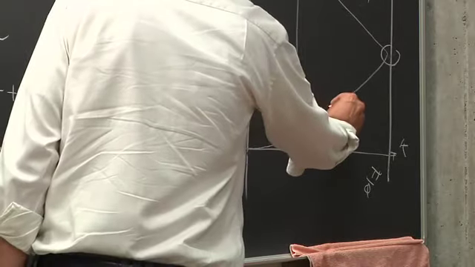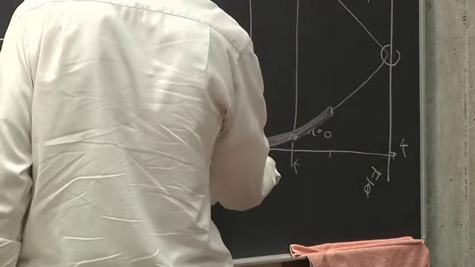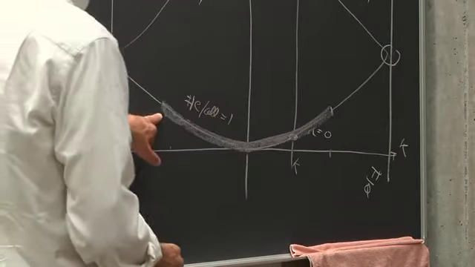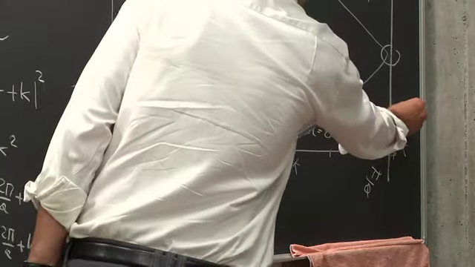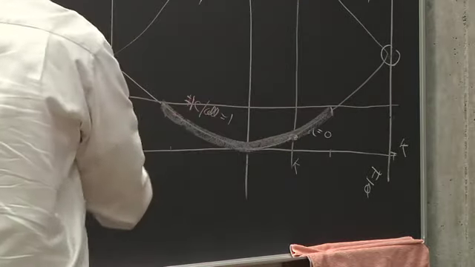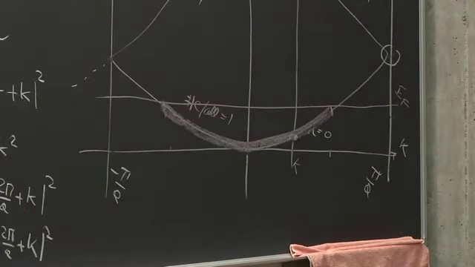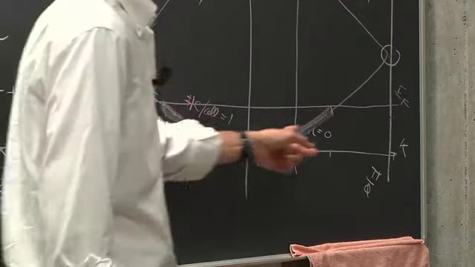So if the number of electrons per unit cell is 1, then these states will be filled and all the other ones will be empty. So there will be a Fermi level somewhere here. If I have 2 electrons per cell, I will have to fill completely the first band.